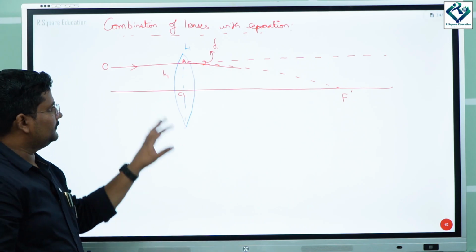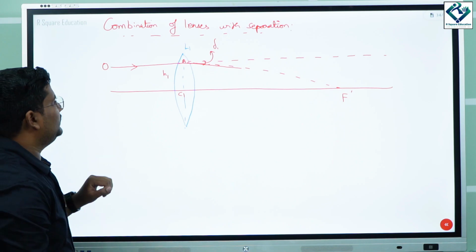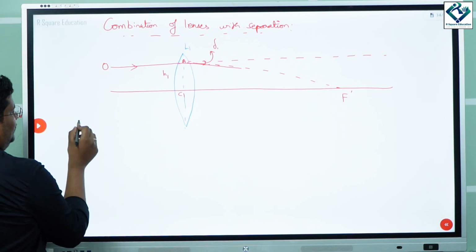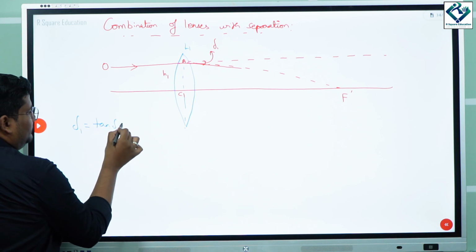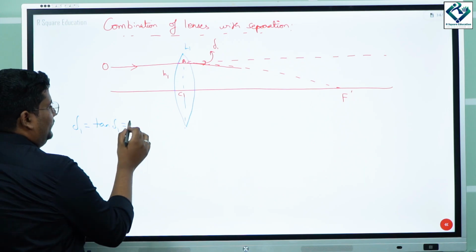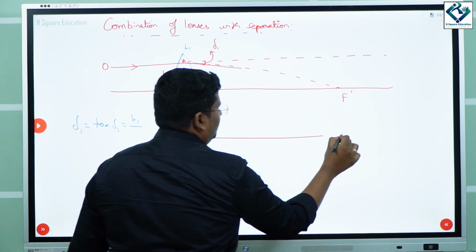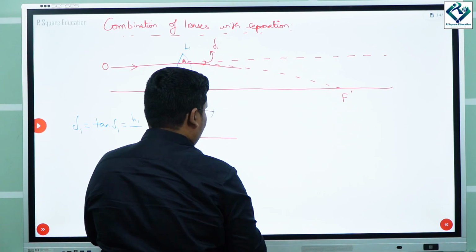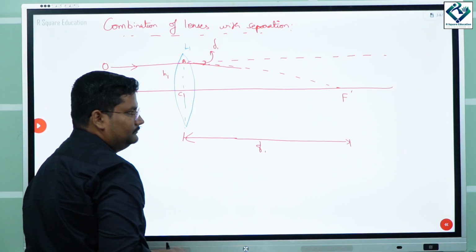Okay, so with respect to this, what will be delta 1? It is going to be tan delta 1, the angle of deviation, which is going to be h1 by, say, the focal length f1.